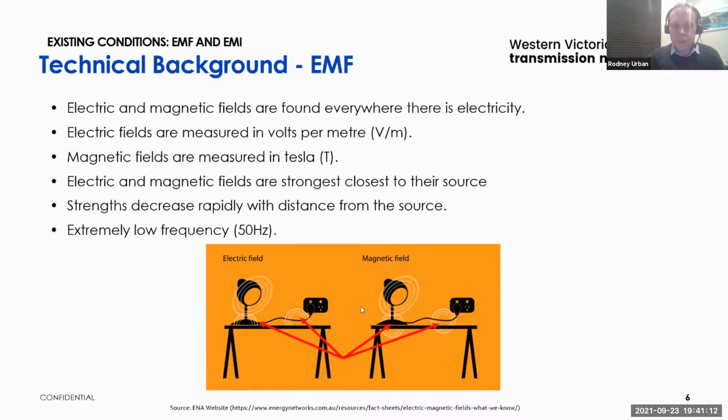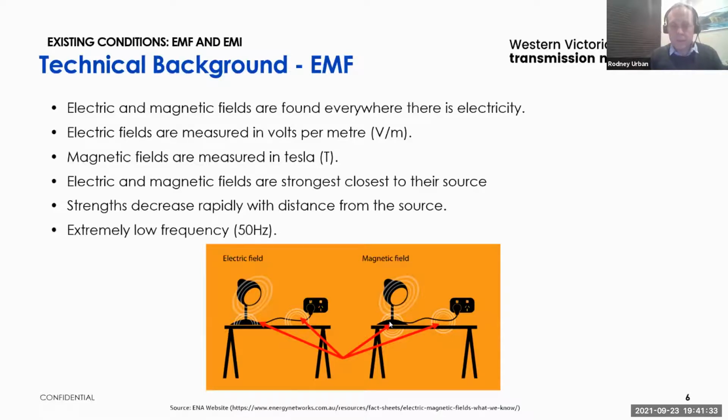The key difference, and it might not be obvious from this drawing, but you can see that the white arcs that represent the fields, the circles and the spheres, on the left-hand side, those are not penetrating through the table. However, on the right-hand side, which are the magnetic fields, they do penetrate through the table.